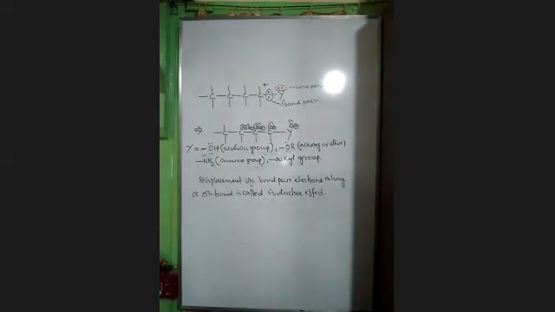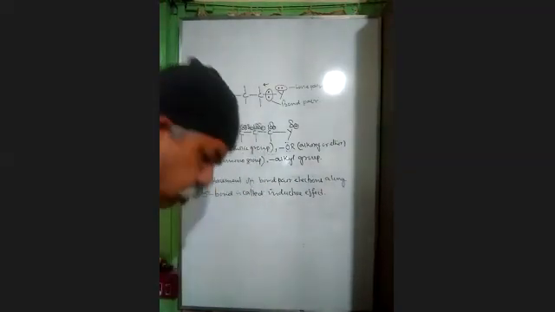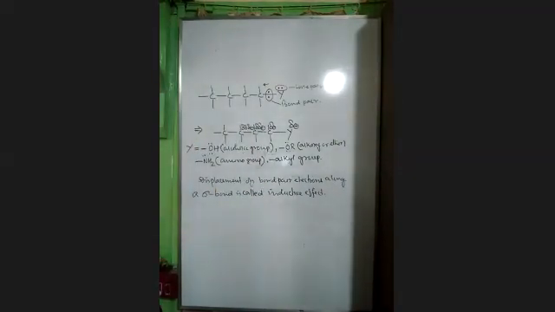And if it moves towards the group, making the neighboring carbon electron deficient, we call it minus I effect. And if it undergoes repulsion and makes the carbon electron rich, then you are going to call it plus I effect.